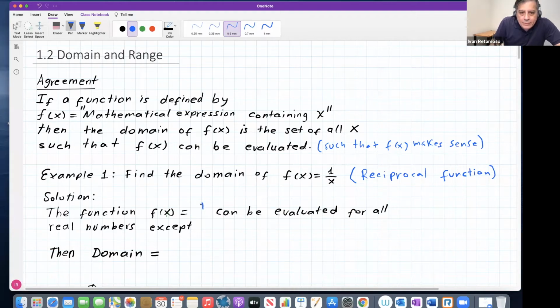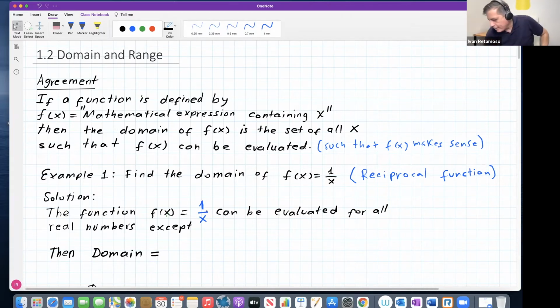This function, f of x equal 1 over x, can be evaluated for all real numbers except what real number? Anybody could tell me or write on the chat for what real numbers this makes sense and for which real number it doesn't make sense. Anybody has an idea? You can write it on the chat.